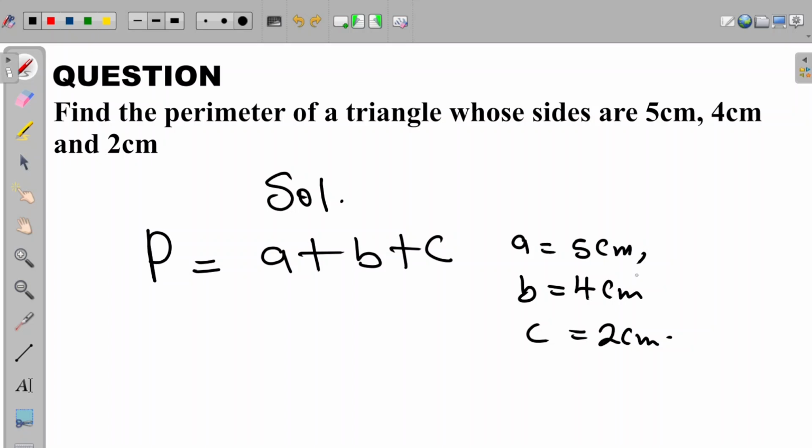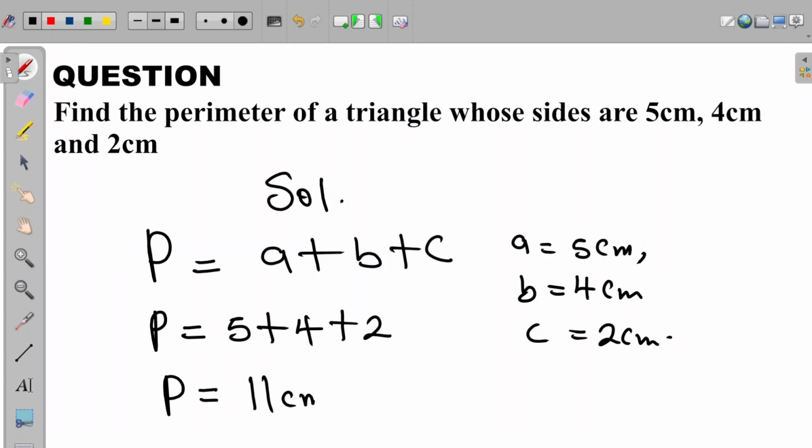If we substitute our values into the equation, we have that the perimeter P is equal to 5 plus 4 plus 2. 5 plus 4 is 9. 9 plus 2 is 11. So the perimeter of the triangle is given as 11 cm.